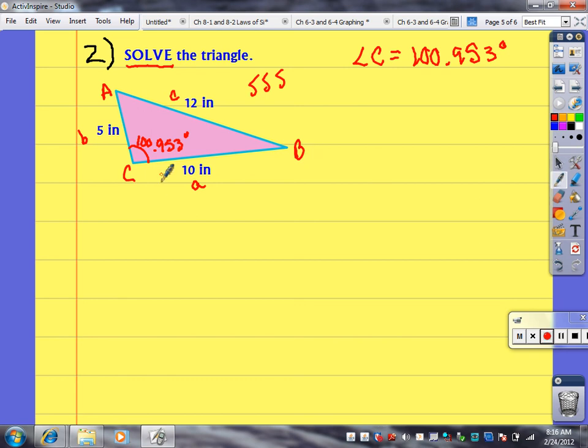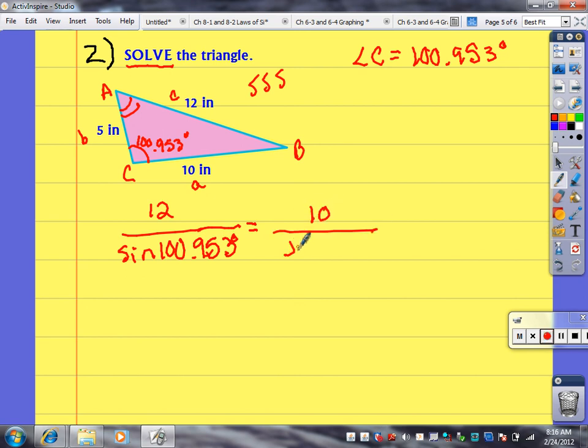All right, so I'm going to use the law of sines now, and I'm going to find angle A. Okay, so I'm going to look for angle A now. So this is, we're going to do 12 divided by the sine of 100.953 degrees. And I'm not going to go through all this process because you should know what you're doing at this point. 10 divided by the sine of angle A.